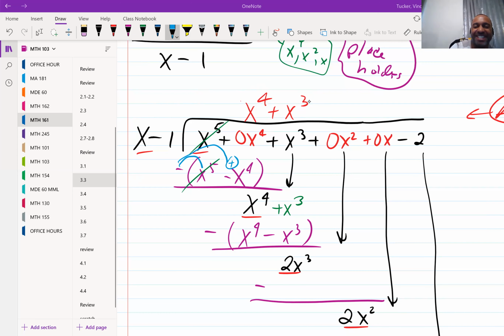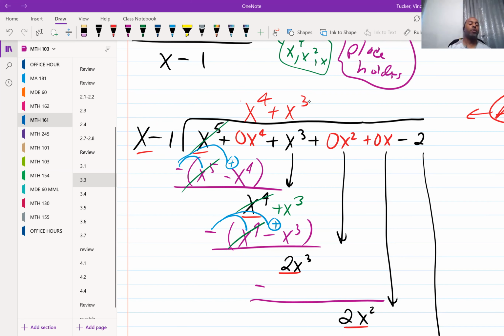Questions before we go to the next one? Everybody good? So going back to the same thought process that Mr. Williams brought up, now we're going to subtract each one of these terms, and then the signs change again. These first two are supposed to cancel, x to the fourth minus x to the fourth. Then we had a negative in the parentheses, so that negative to negative turns positive. So we have x cubed plus x cubed, which gives me 2x cubed.